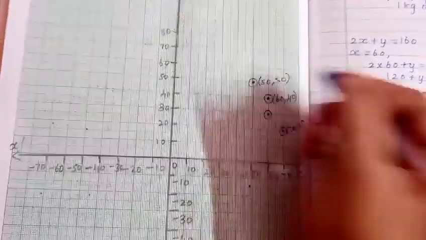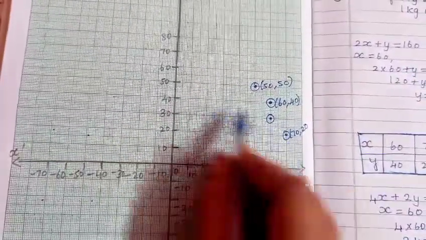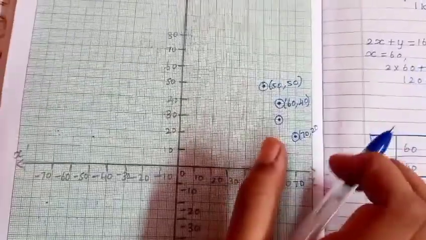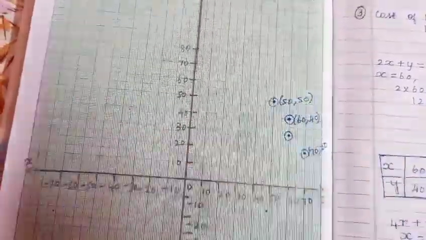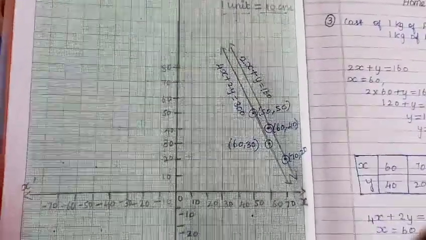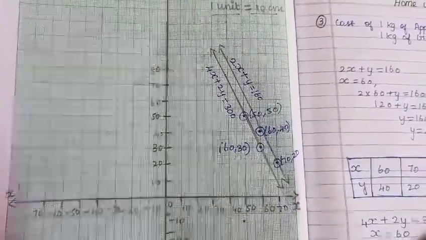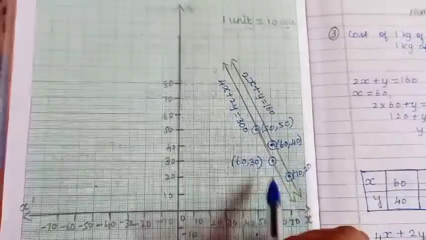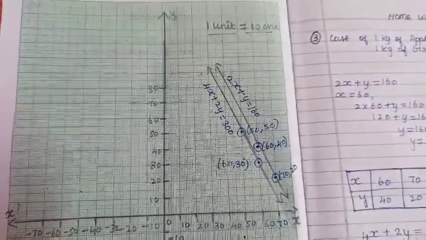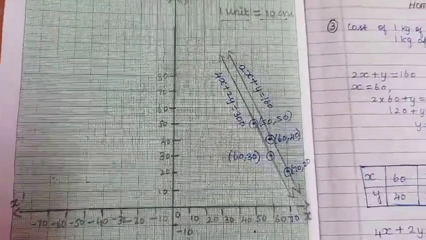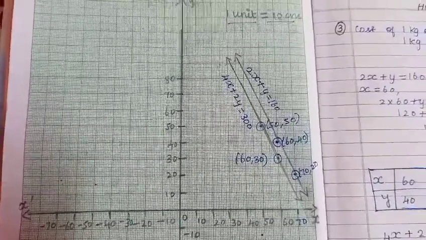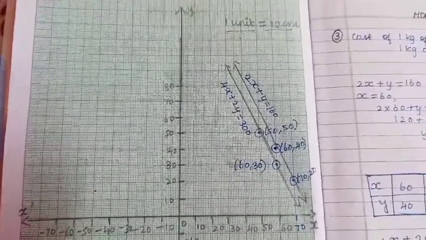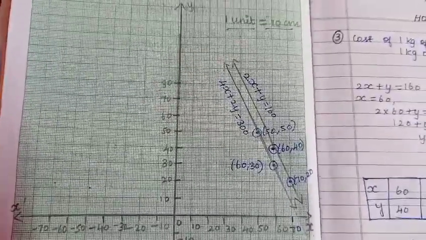Now I'll plot the first equation line separately and the second equation line separately, and let's find out what we get. Now if you see, I've plotted and joined the lines. So we got the 2x plus y line and the 4x plus 2y line separately. These two lines are parallel. So that's it for this question 3. It's a very simple question. Thank you for watching.